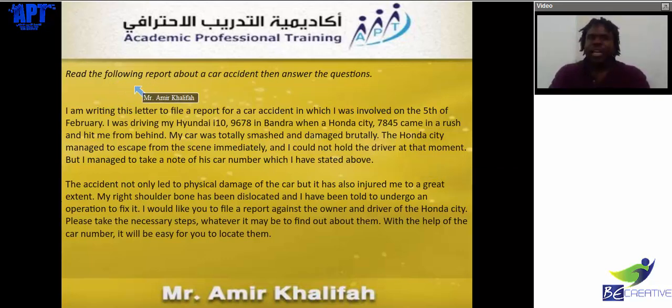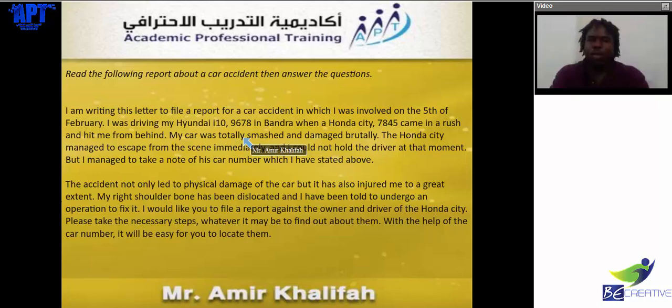All right. Now read the following report about a car accident and then answer the questions. I am writing this letter to file a report for a car accident in which I was involved on the 5th of February. I was driving my Hyundai I10 9678 in Bandra when a Honda City 7845 came in a rush and hit me from behind.